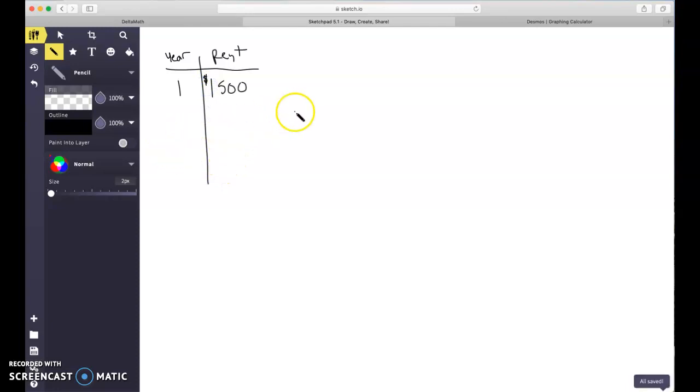And we know that our rent is increasing at 7.5% per year. And they're specifically asking us here about the 8th year.